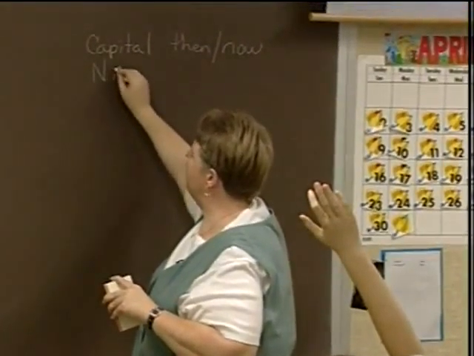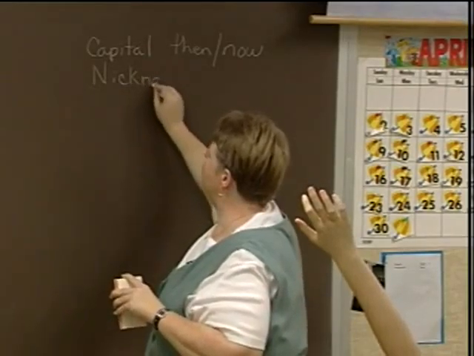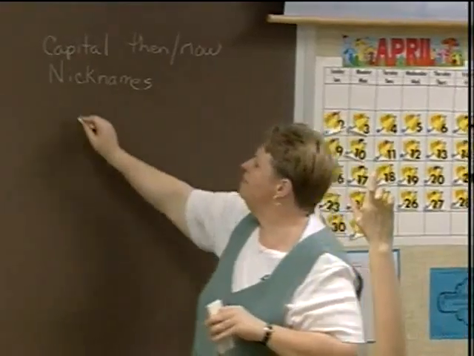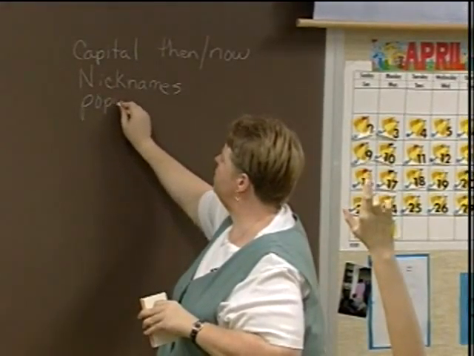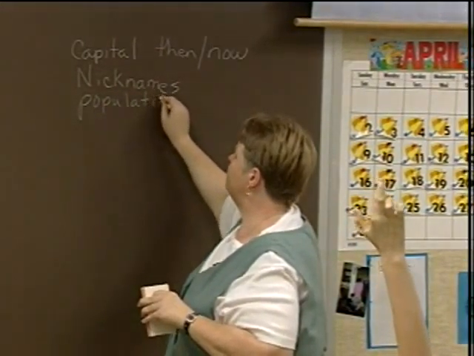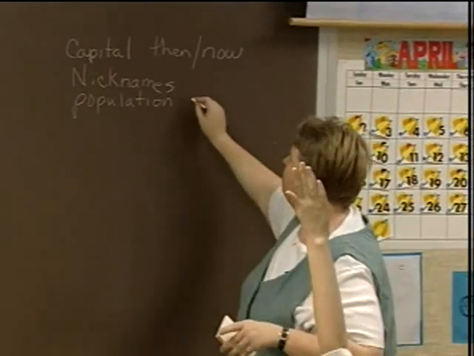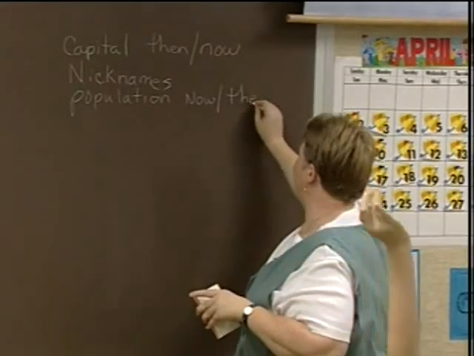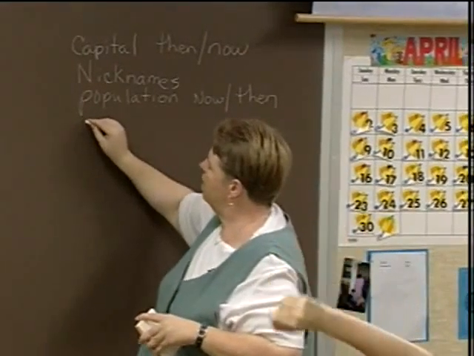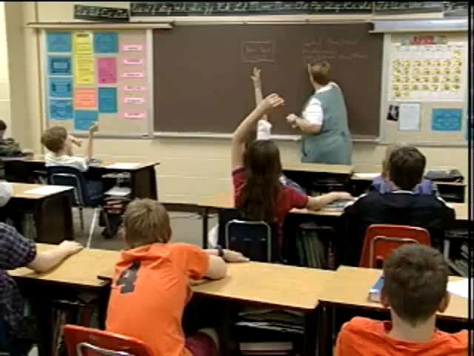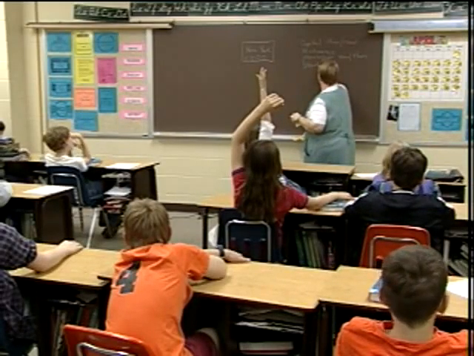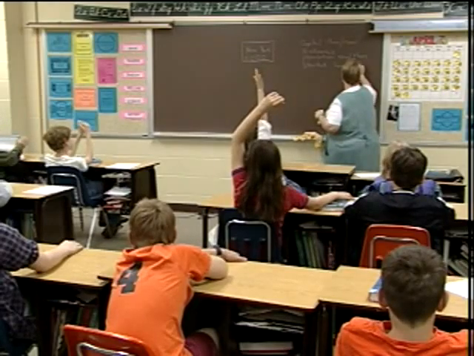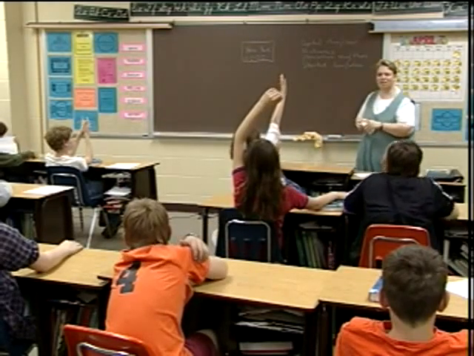Okay, the nicknames and how it got those nicknames. Kayleen? Population now and then. Okay, Michael? How it got started and when. Okay. Started, how, and when. You're going to find some of them started in a very unique way.